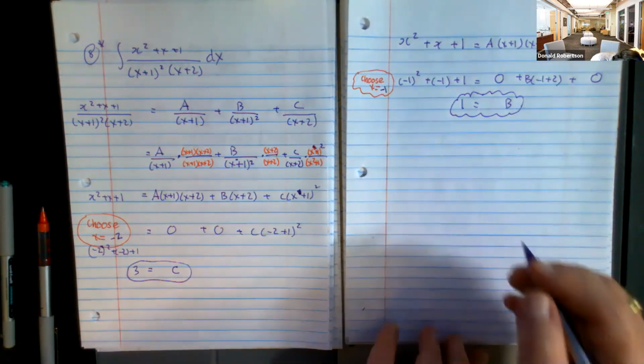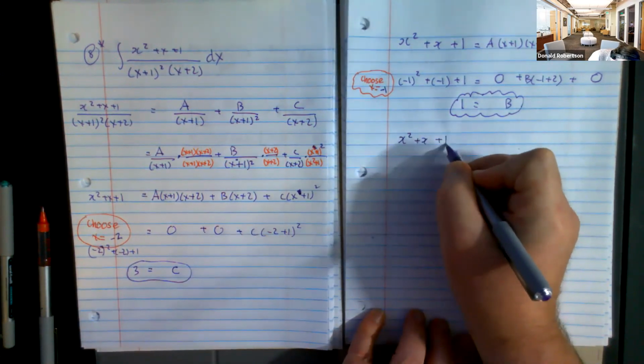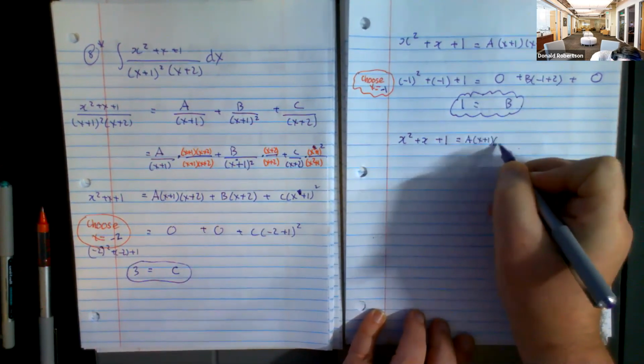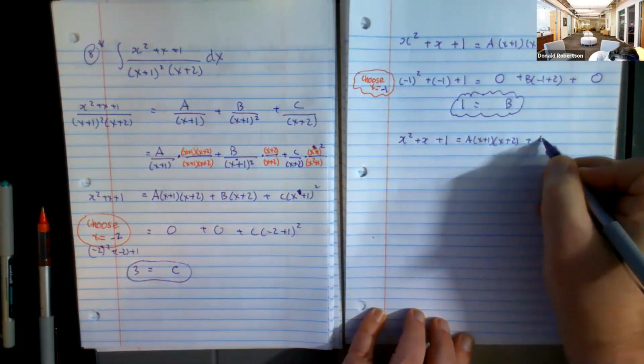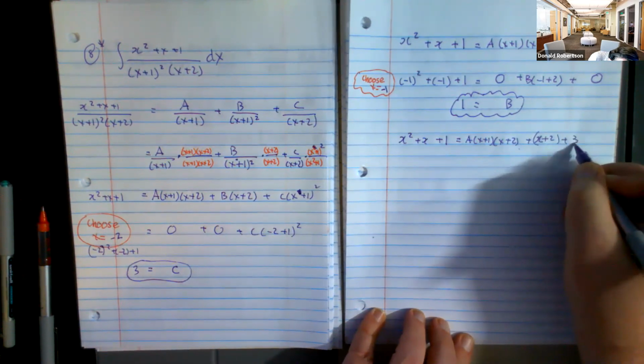So what do I now know? Well, I now have x squared plus x plus 1. It's a times this guy plus b times this, which is basically just that, plus c times this.